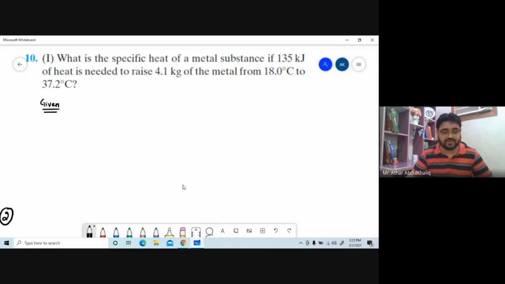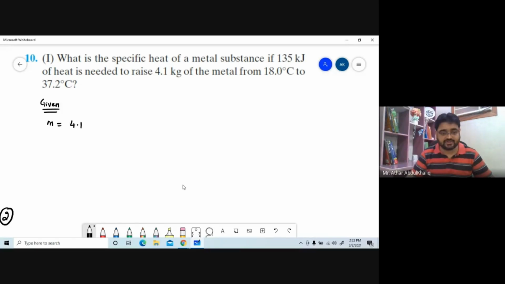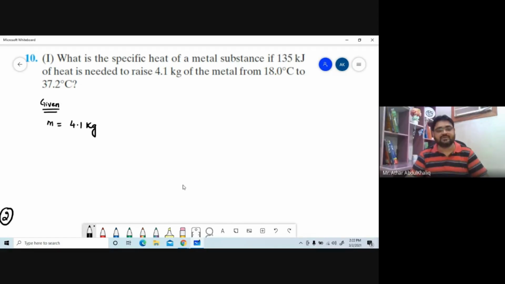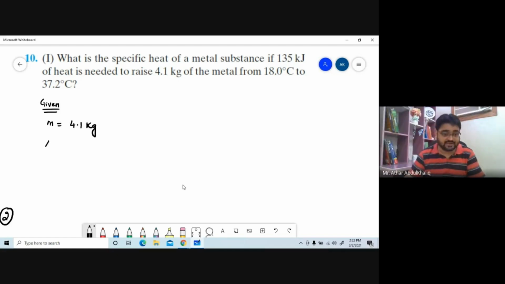And we make 37.2 minus 18, that is delta T.